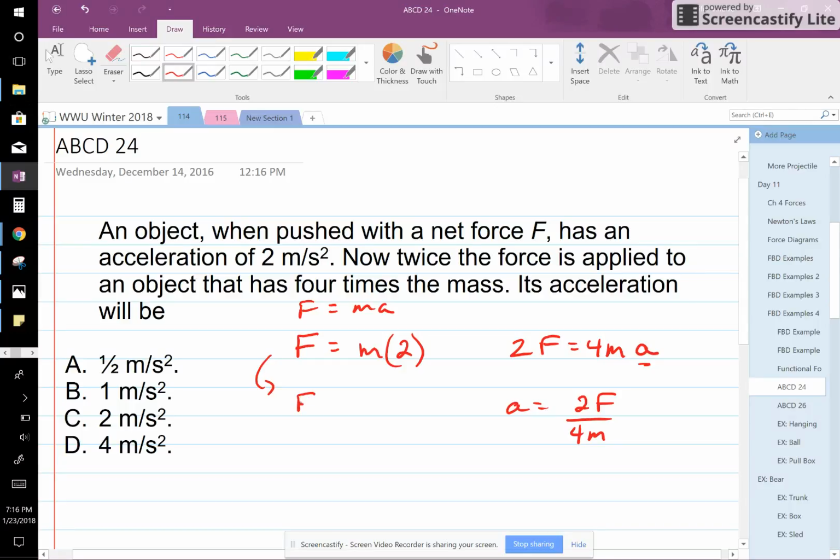If I solve for the acceleration, which was 2, I'd have F over M. And so I can replace this F over M in my second expression with the 2, because I know that ratio of the force over the mass is 2. And so the acceleration will be 1/2 times 2, and that 2 had units of meters per second squared, and so I get 1 meter per second squared. So my correct answer here ought to be B.